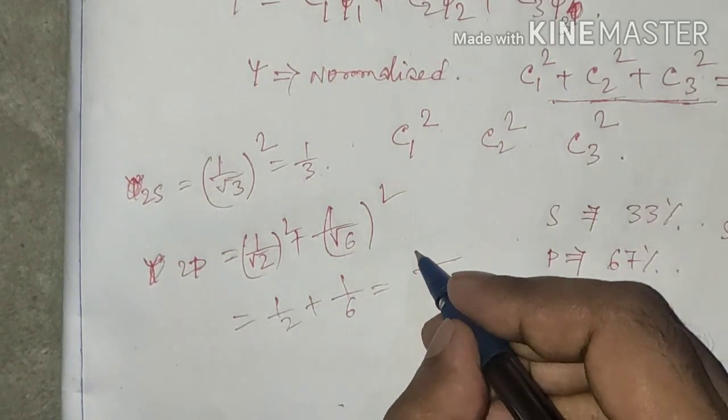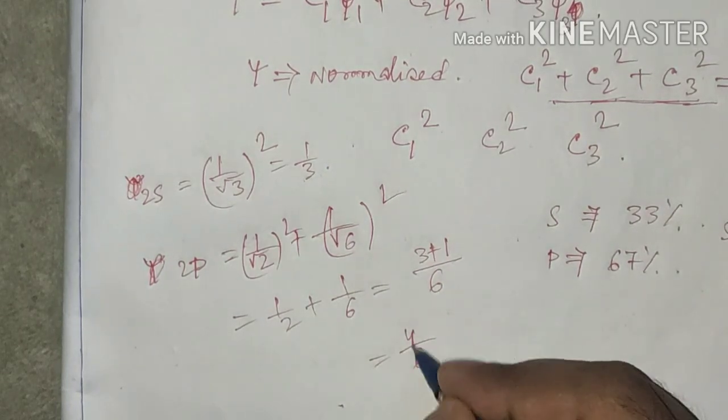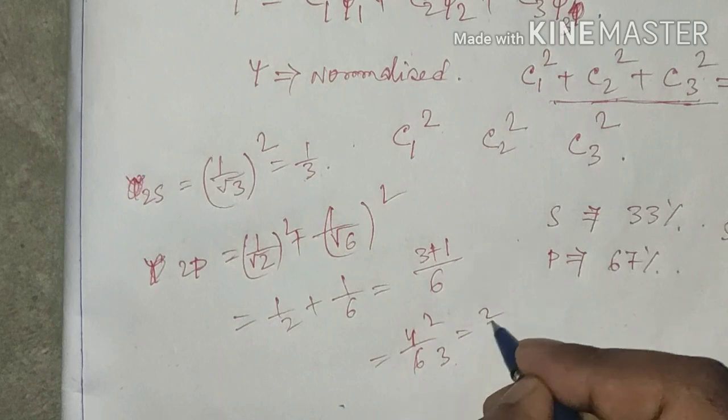If you add these two, it will be 4 by 6, that means 2 by 3.